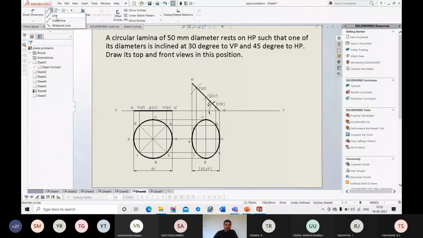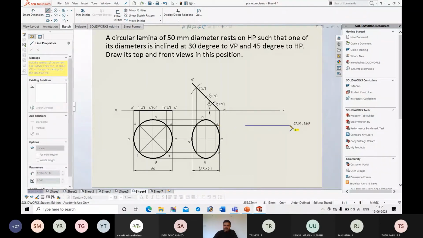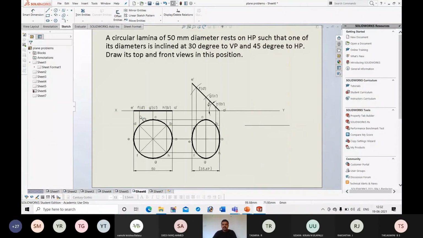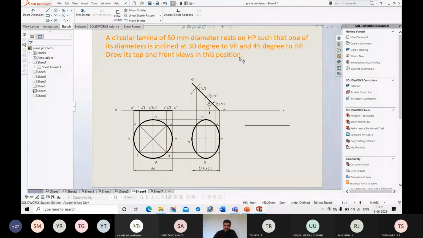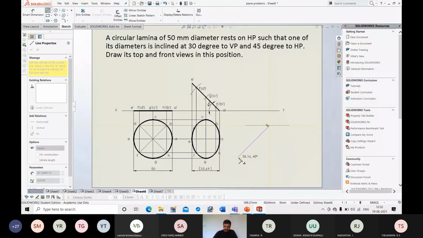First I will draw a line at a convenient distance, a line parallel to XY. Then I know true length of the diameter, that is 50, and also true inclination, that is 30 degree. So I will draw a line inclined at 30 degree having length 50.